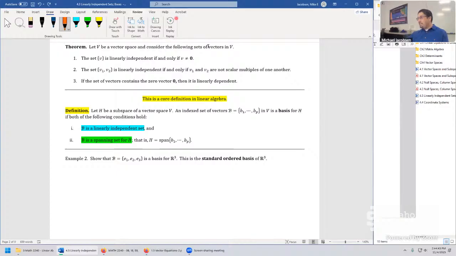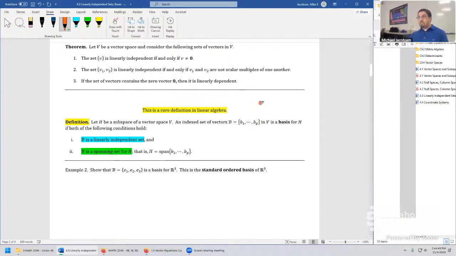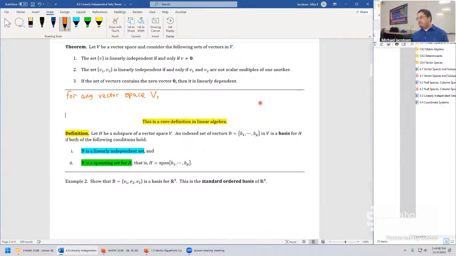And another thing you can say here to justify why it's a one-size-fits-all is this other thought. For any vector space V, there are 2 trivial subspaces. One of them is this one: the set containing the zero vector is a subspace.